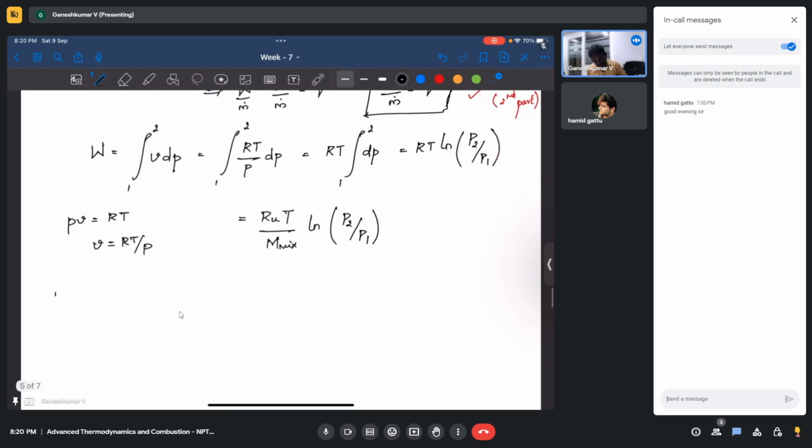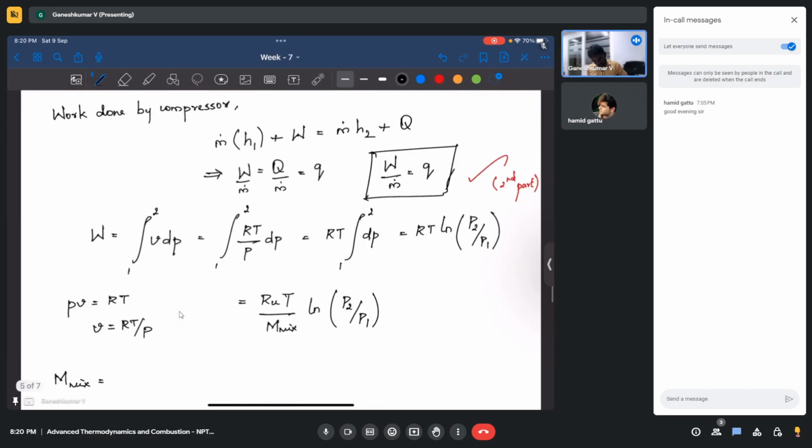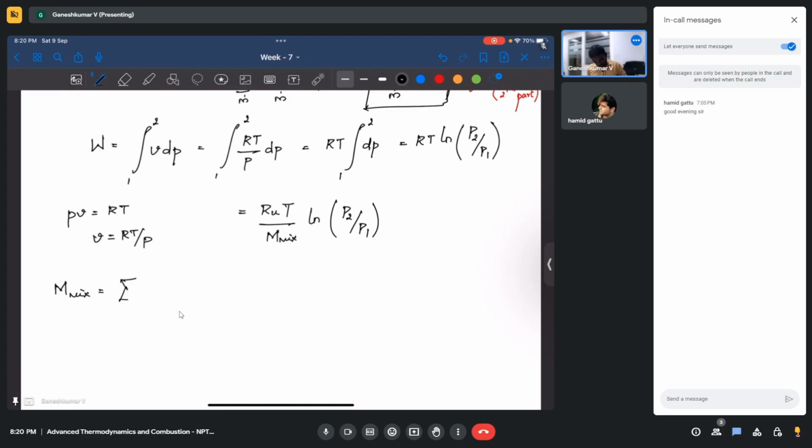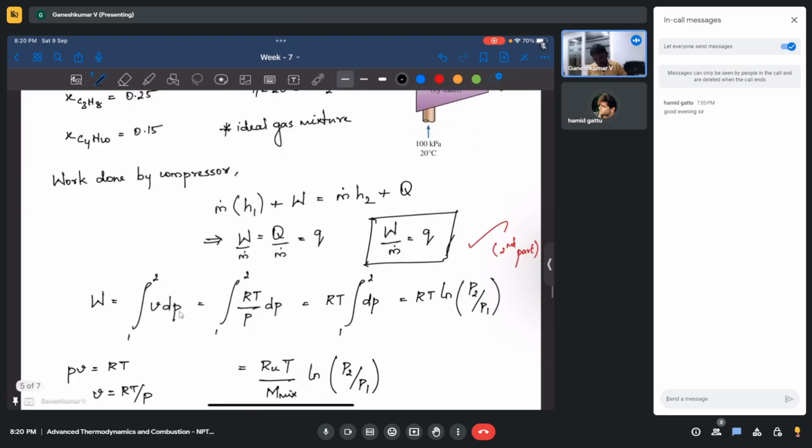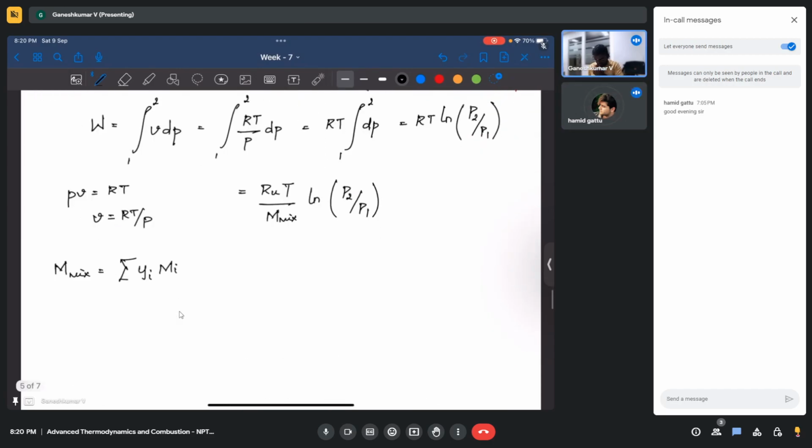We need to find the molecular weight of the mixture. We already saw it's going to be the mole fraction times the component molecular weight, but we have mass fraction, so we need to convert mass fraction to mole fraction.